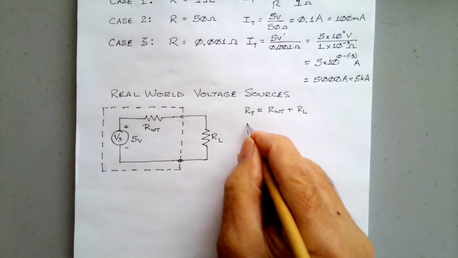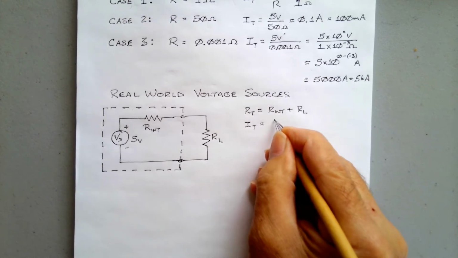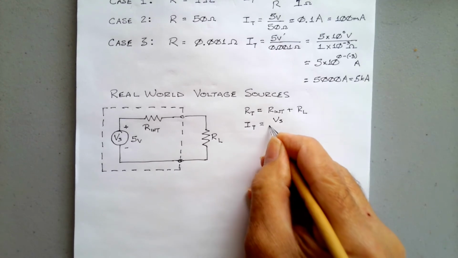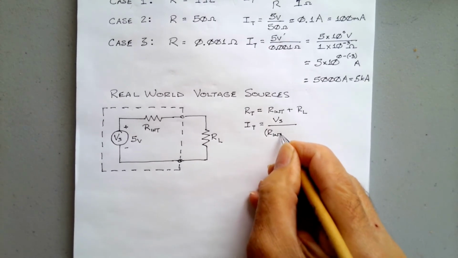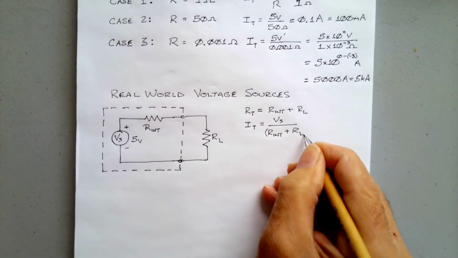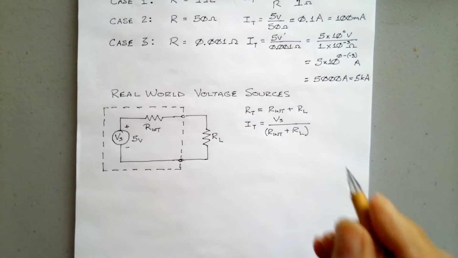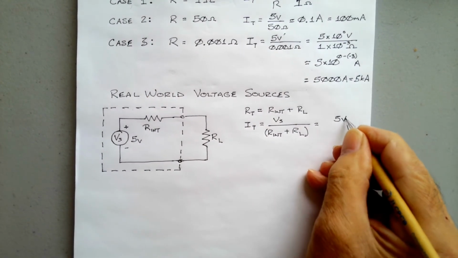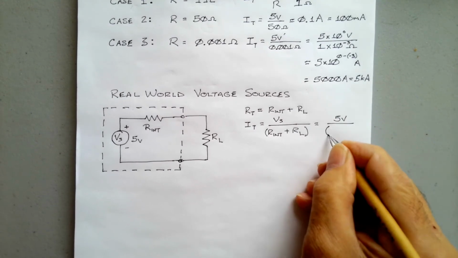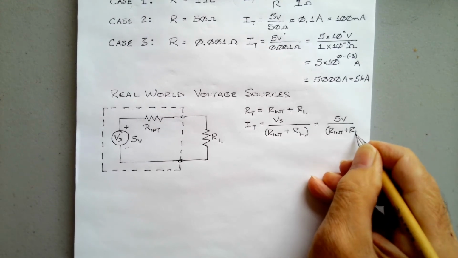Our total current, therefore, is going to be VS over R internal plus RL. And of course, in our case, that's going to be 5 volts over R internal plus RL.